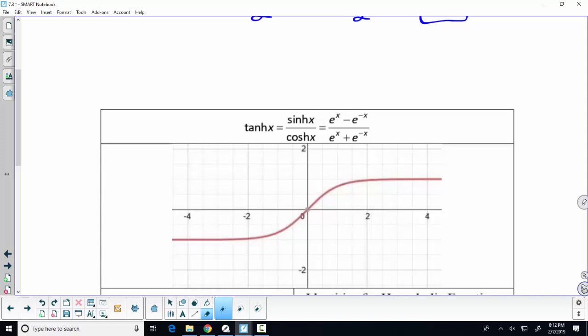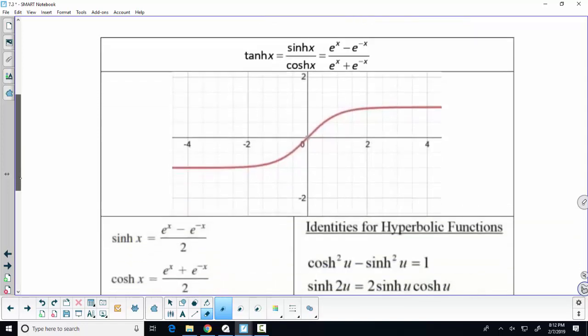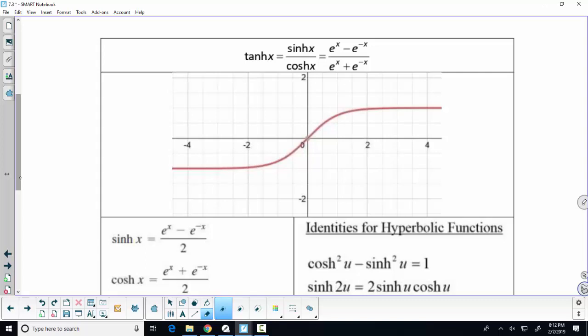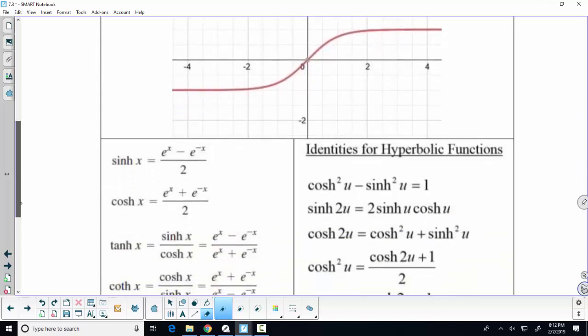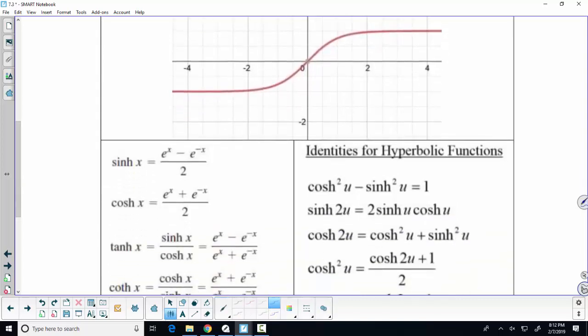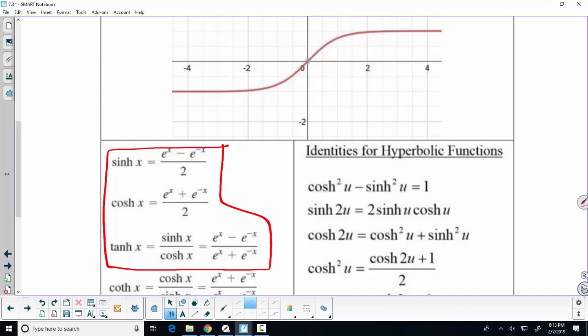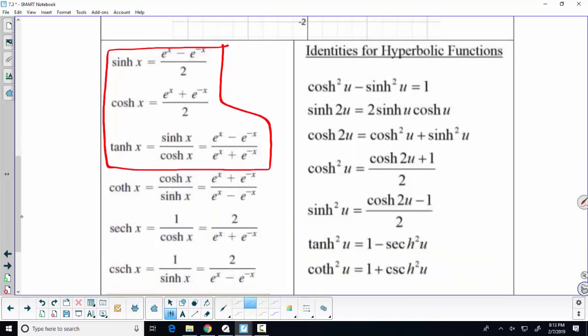I think it sounds cooler. So definitely know sinh, cosh, and tang. You should know these three. How do you pronounce the other three? Cotang, yeah. That's sech. That's cosech.